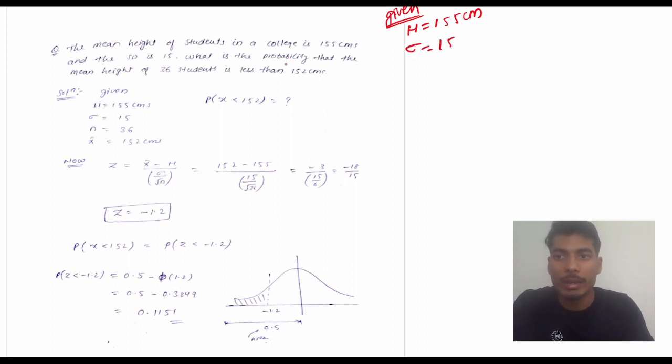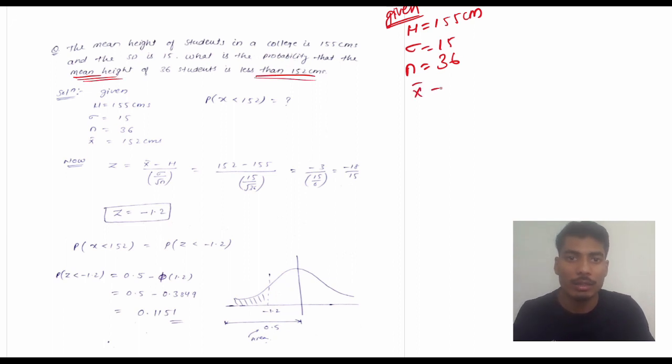What is the probability that the mean height of 36 students is less than 125? 36 students means n equal to 36. And mean height less than 125 means x bar is 125 centimeter.